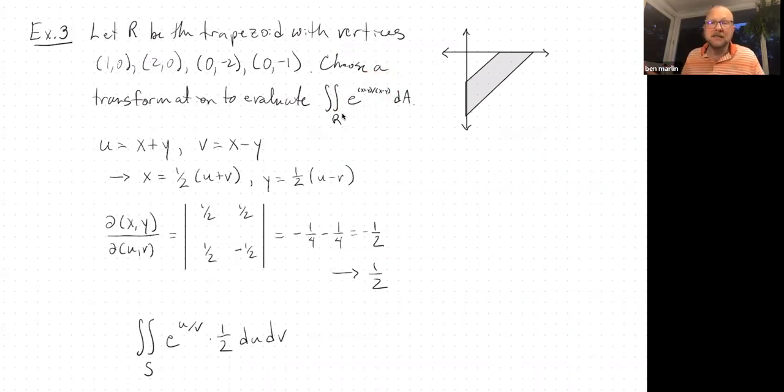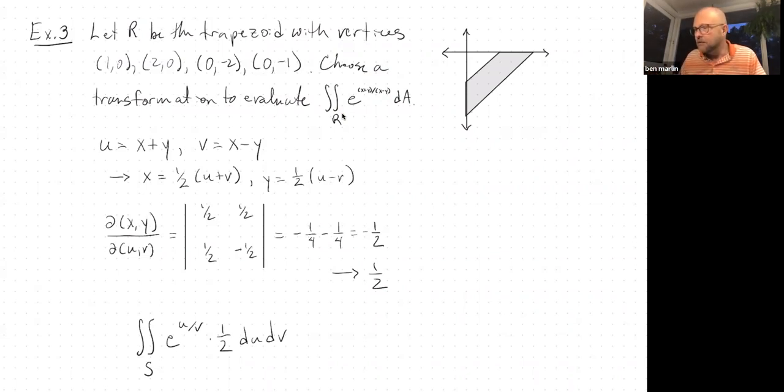I'll pick my u and my v to make that simpler. Now, in theory, you could pick u to be x plus y over x minus y. But then what are you going to pick v to be? y? If you pick it to be anything nice after doing that, it will not be a nice thing to work the rest of it out.